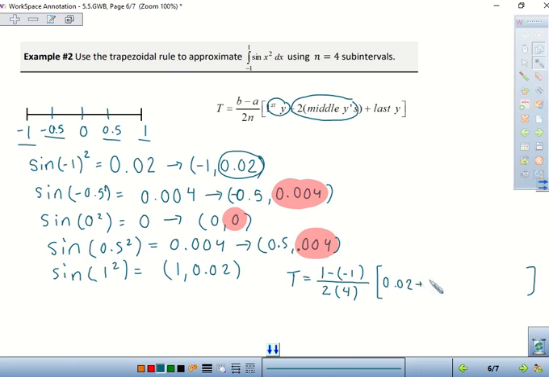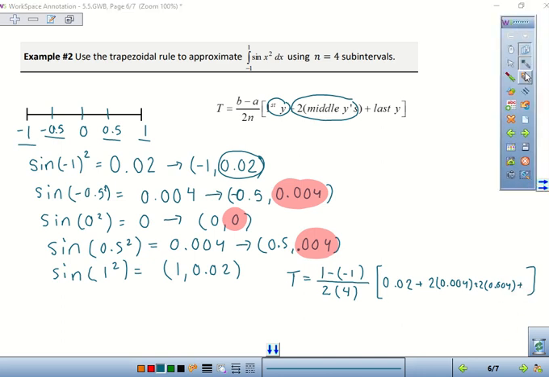So it's going to be plus 2 times 0.004 plus 2 times 0.004. You could have also done 4 times it, same thing. And then my last endpoint, I'm running out of room here, hang on, is going to be 0.02. And then we would just put this in the calculator to get our value.